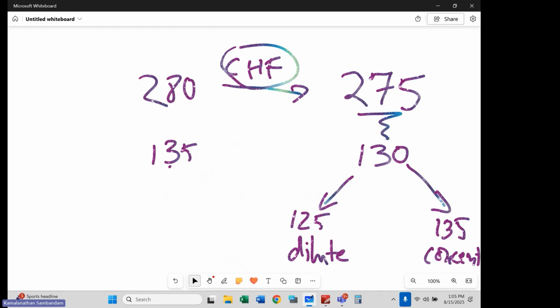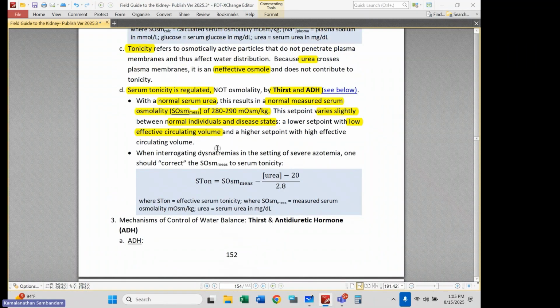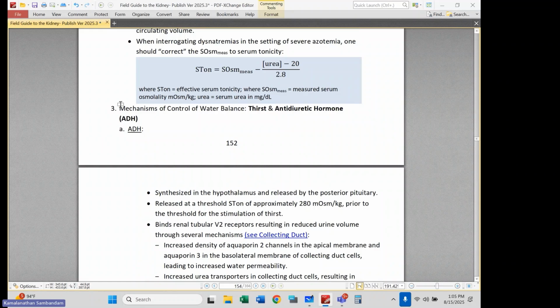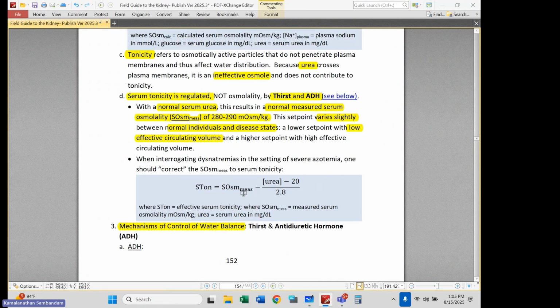And we'll talk about reset osmostat as one cause of hyponatremia. There's some debate about whether that is an SIADH or it deserves its separate category of dysnatremia. Okay. I think I'll just end after I finish off this section. We'll talk about the mechanisms of control of water balance in more detail next week. Let's finish off this section right here.